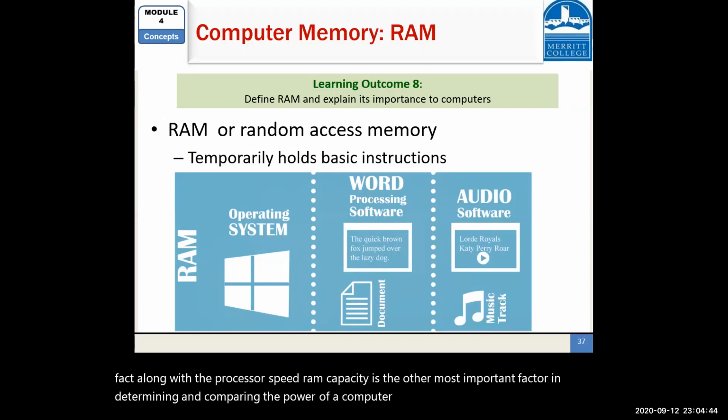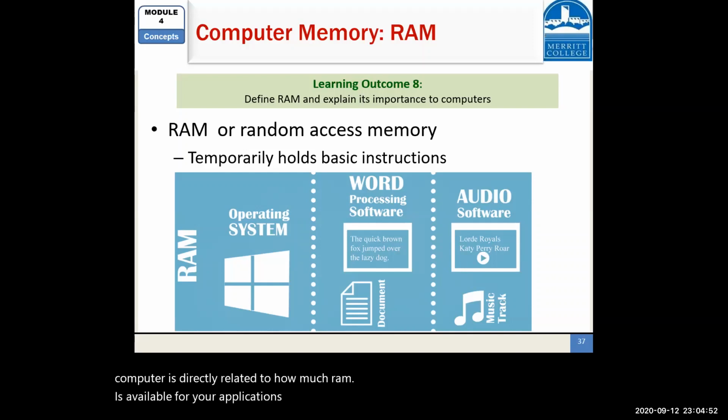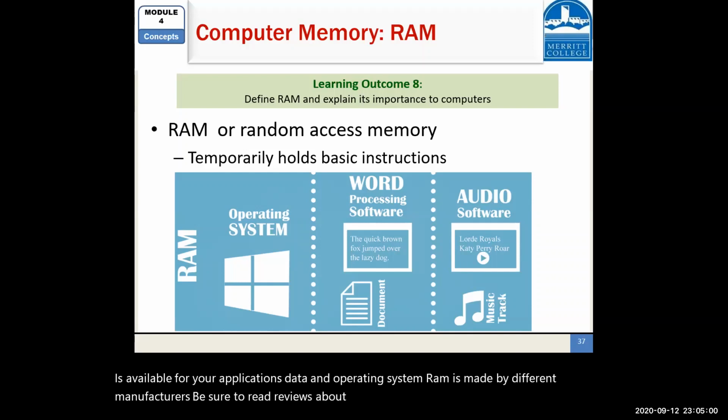The performance of your computer is directly related to how much RAM is available for your applications, data, and operating system. RAM is made by different manufacturers. Be sure to read reviews about a RAM product before purchasing it because quality can affect performance.